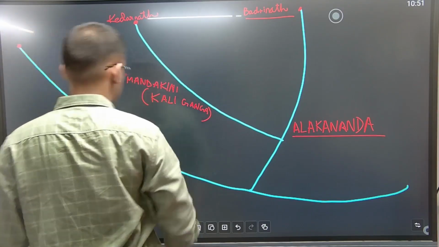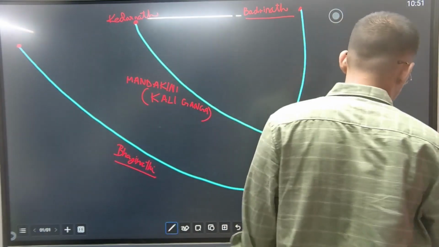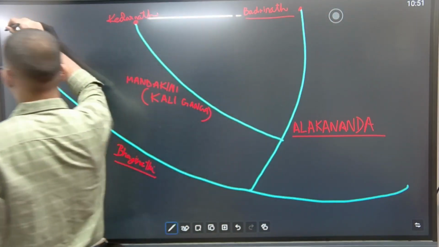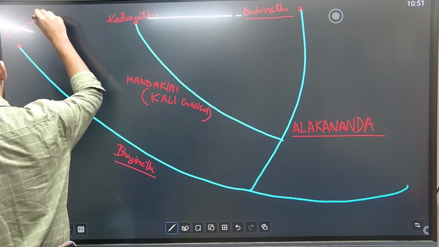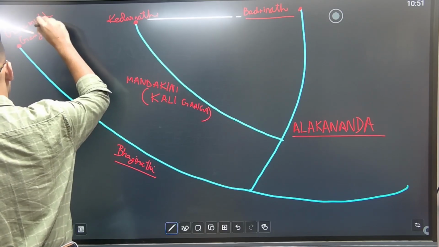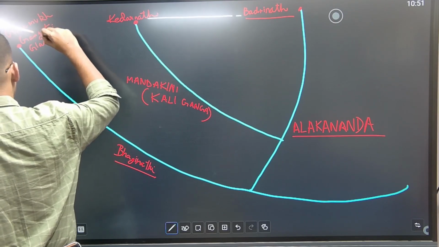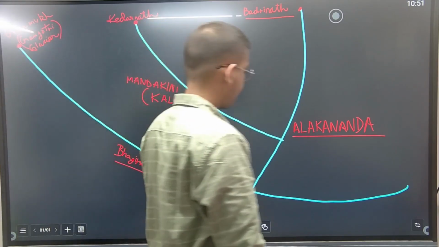And Bhagirathi, it starts at Gaumukh at Gangotri Glacier. Right? Bhagirathi starts here at Gaumukh and Gangotri Glacier. Done.